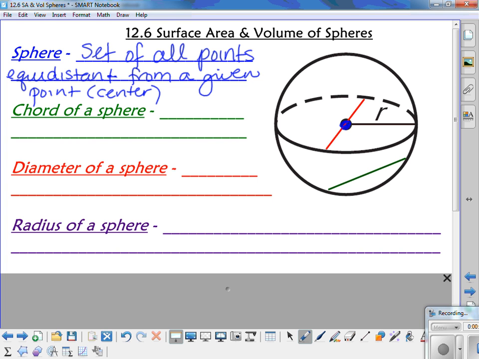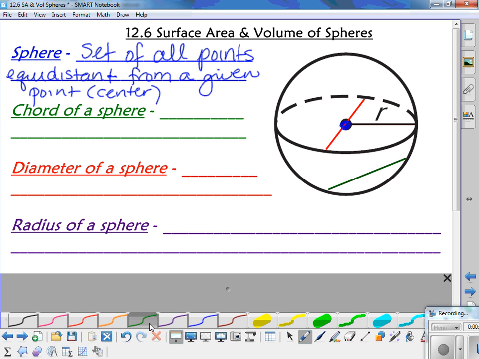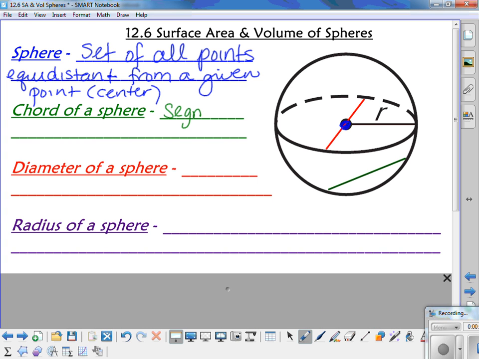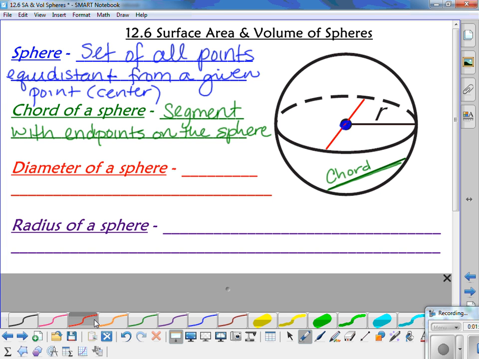The chord of a sphere is a segment with endpoints on the sphere, so very similar to a circle. So in my diagram, I can see that right here I have a chord. The diameter of a sphere is the chord that contains the center.